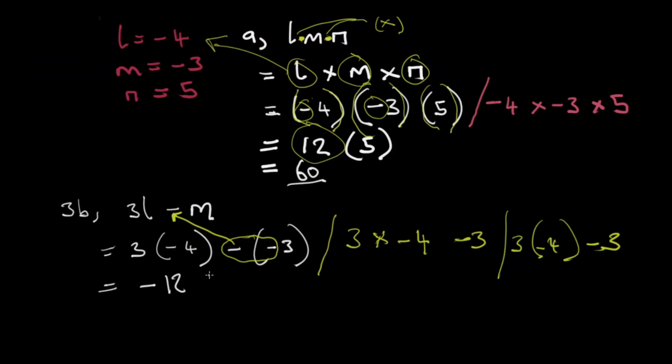So here we're going to have plus 3. And what is minus 12 plus 3? Minus 12 plus 3, that will be minus 9. Okay, I hope you really understood 3b because it's a little bit tricky, especially with negative numbers.